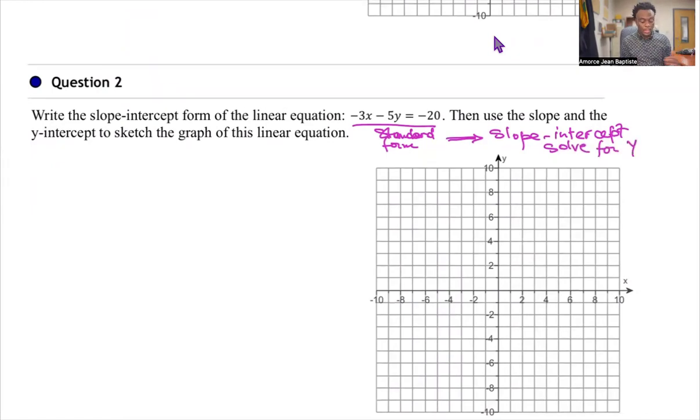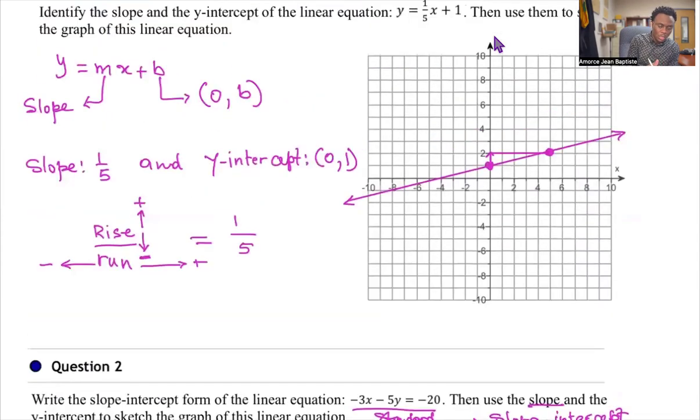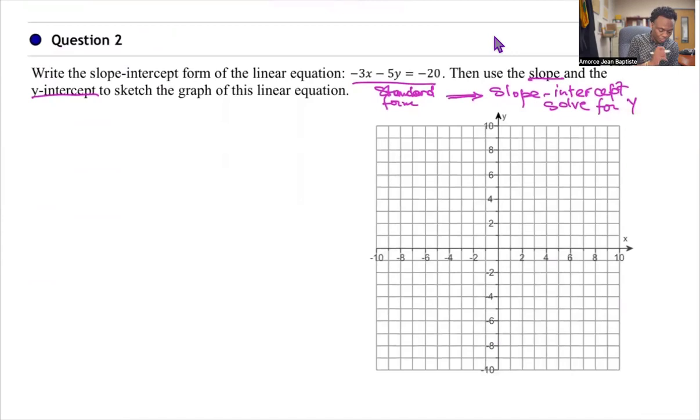So that said, we will have the possibility to see the slope and the y-intercept, and then do the same thing we did here to sketch the graph.